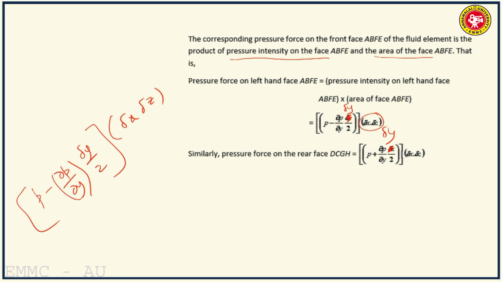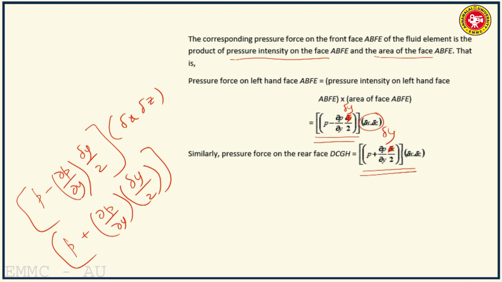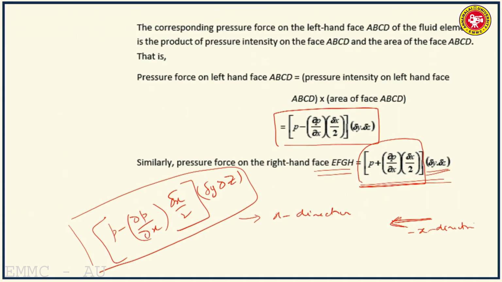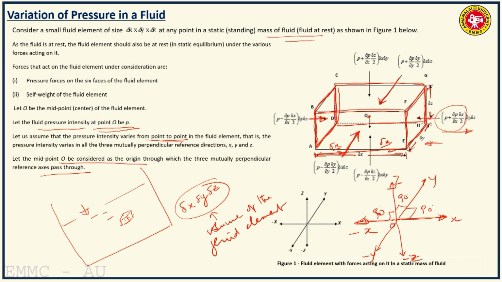Similarly, pressure force on the rear face DCGH, that is acting normal to the face DCGH, in what direction? This is in the negative Y direction and this is in the positive Y direction. So that will be P plus dou P by dou Y into delta Y by 2 multiplied by delta X delta Z. So we have quantified these two forces.